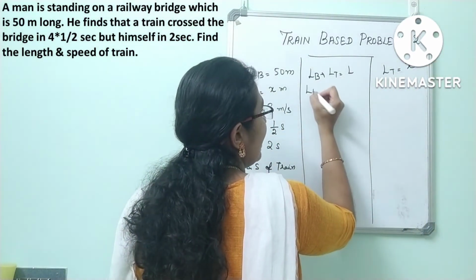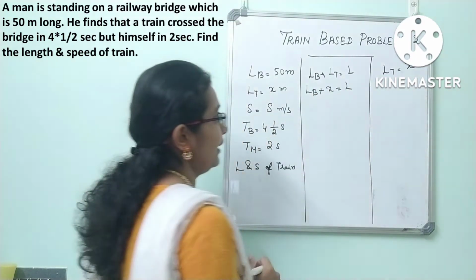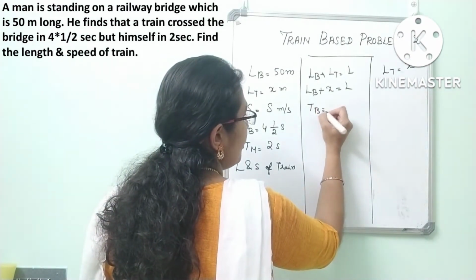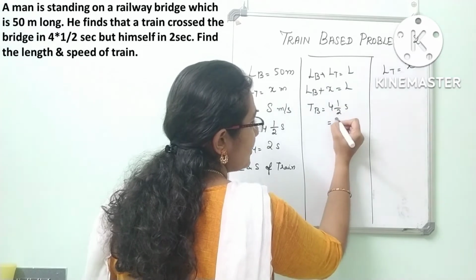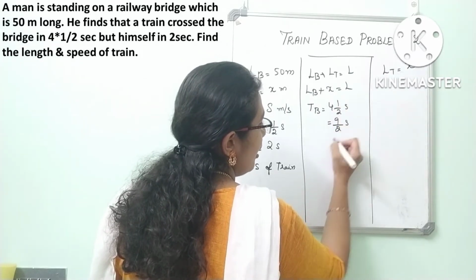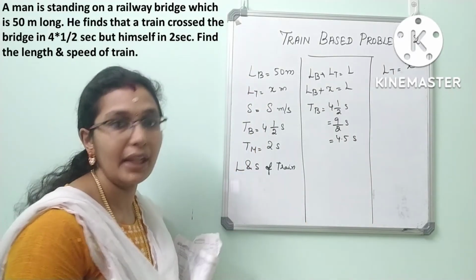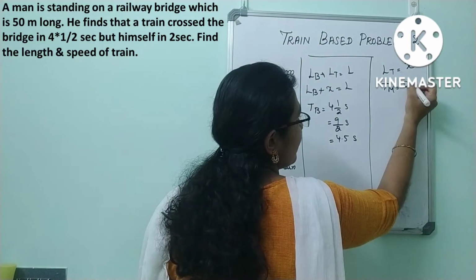Okay, so LB plus length of train is equal to total length. Here the time they have given is 4 1/2 seconds, which is 4 twos are 8 plus 1, 9 by 2 seconds. Here the time taken to cross the man is 2 seconds.